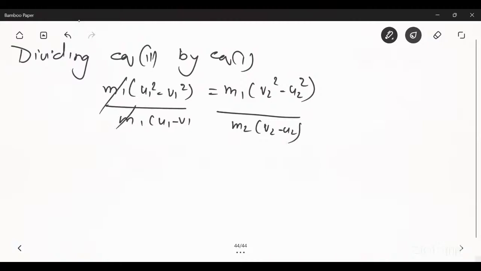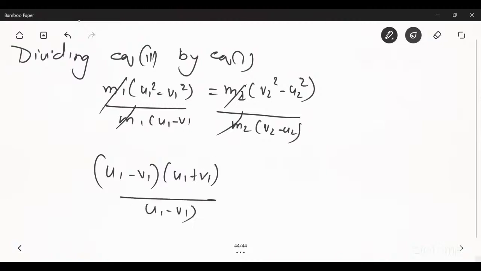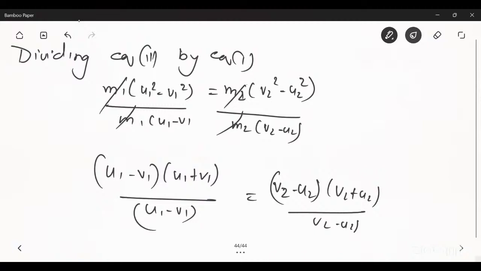Now m1 and m2 cancel. Using a square minus b square, we get (u1 minus v1)(u1 plus v1) upon (u1 minus v1) equals (v2 minus u2)(v2 plus u2) upon (v2 minus u2).